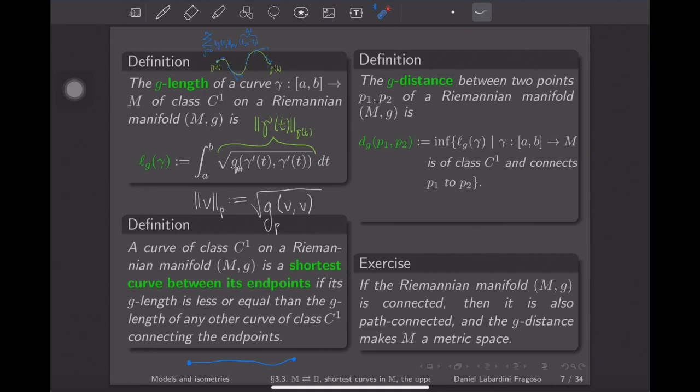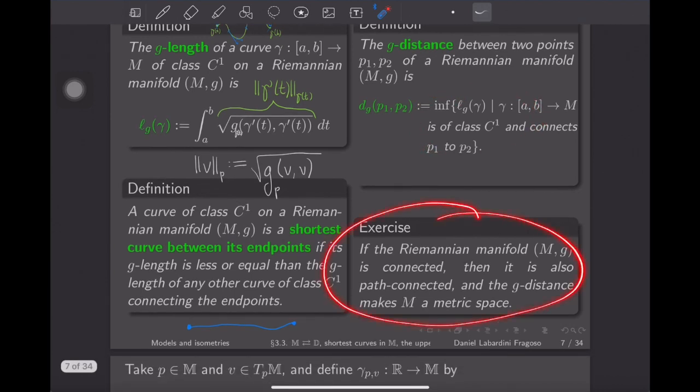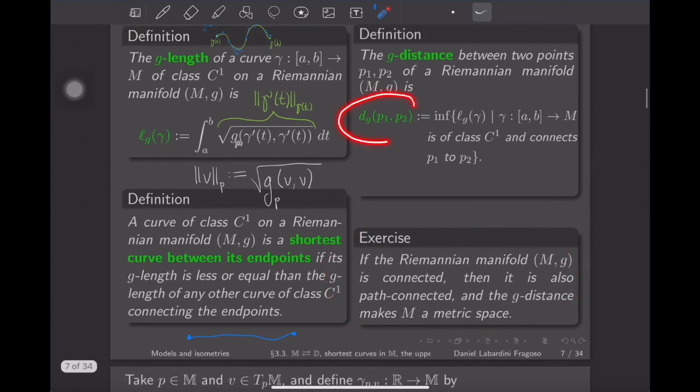Notice that I am not defining it as the length of a shortest curve, because it could be that a shortest curve joining them doesn't exist. That's perfectly possible. That's why I say infimum here. Of course, if there is a shortest curve, then that shortest curve realizes the infimum. Now the exercise is that this definition of distance makes the Riemannian manifold a metric space.